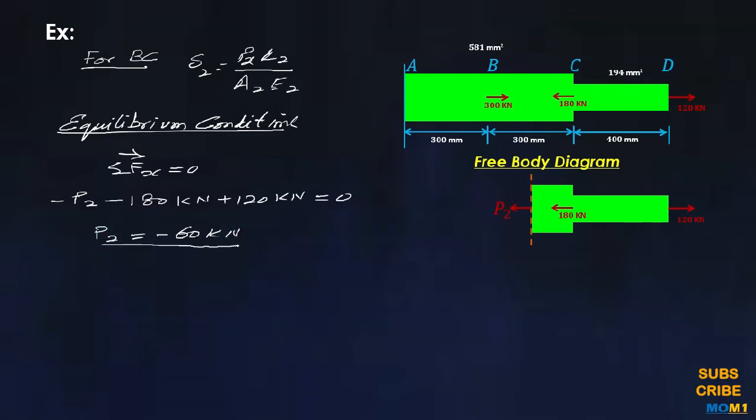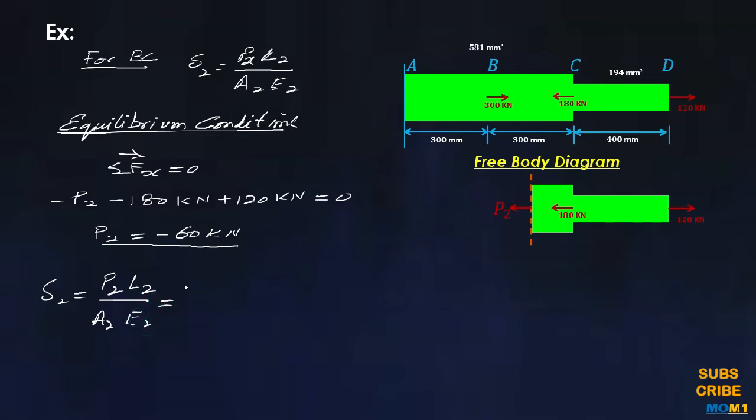So using these values in the expression, del 2 equal to P2 L2 upon A2 E2.